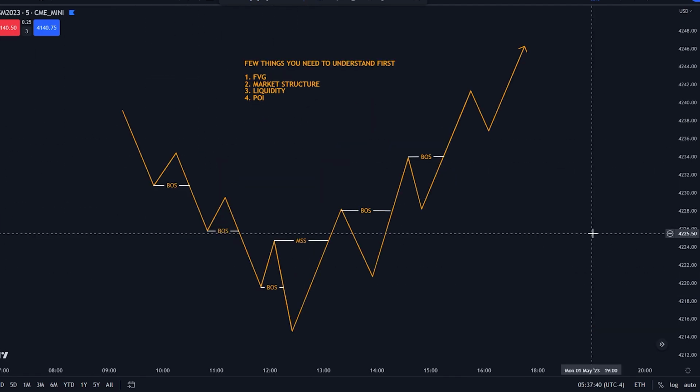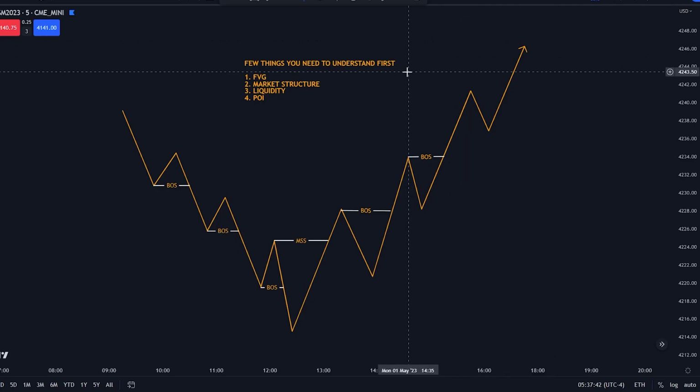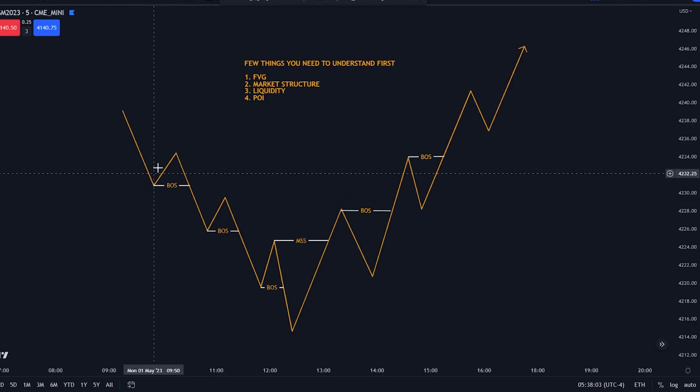You need to understand market structure. What is a market structure? It's this right here, as you can see. It's basically telling you where the market is going and if it's bullish, bearish, or if it's reversing. If we are trading down, we can see that the market is breaking the structure. This is break of structure when you get swing low, swing high, and then break of this swing low right here.